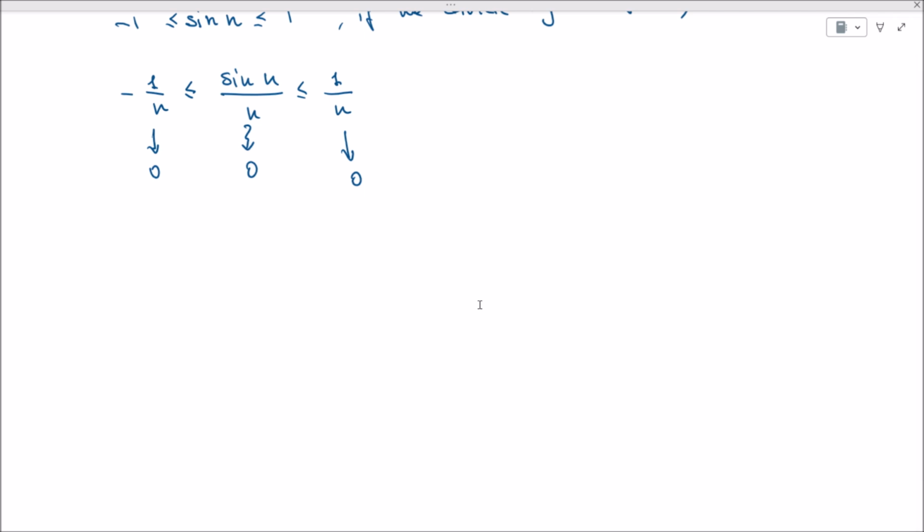Now, it is interesting that we can use these results for solving the exercise 3.